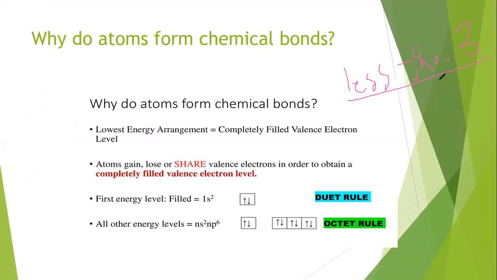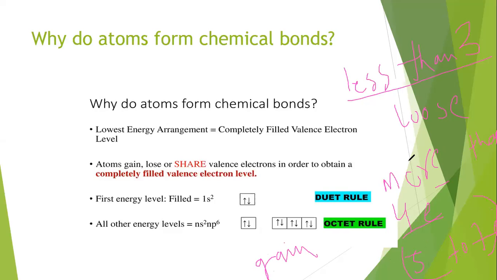They will lose their electrons. If the atom has more than 4 electrons, meaning 5 to 7 electrons in their outermost shell, they will gain electrons.